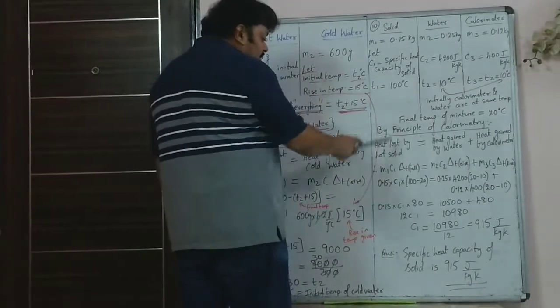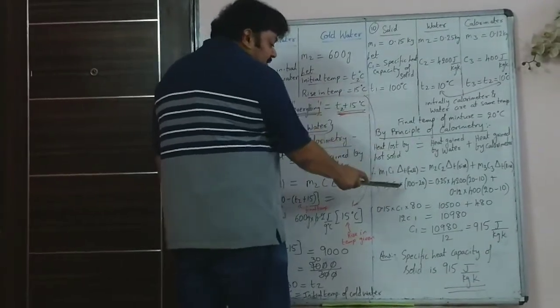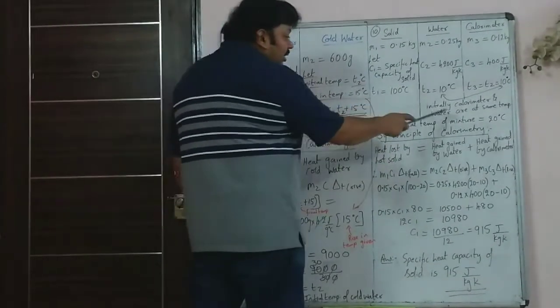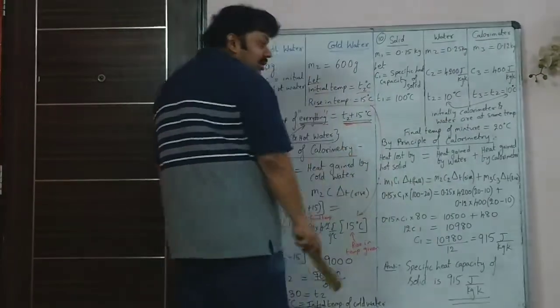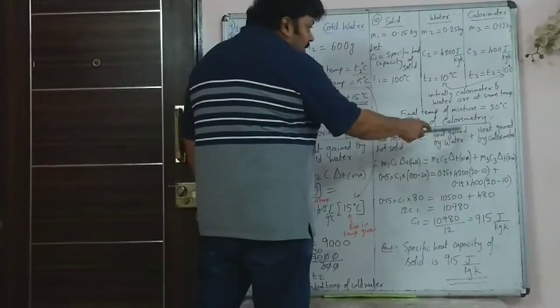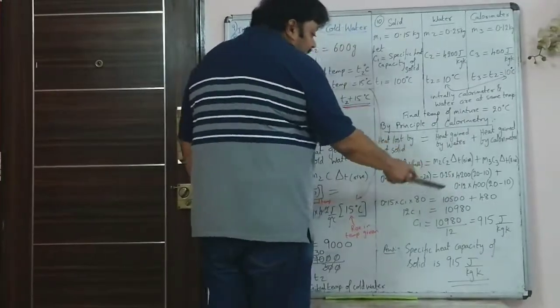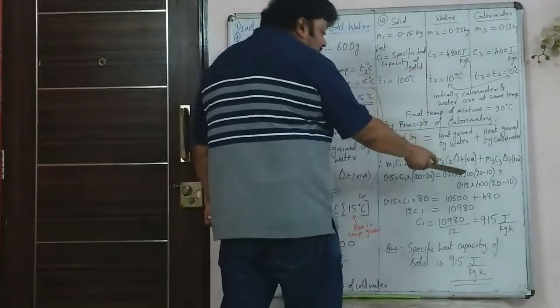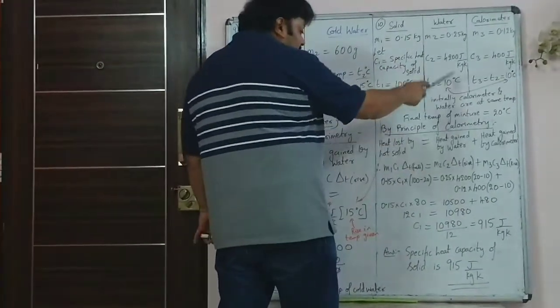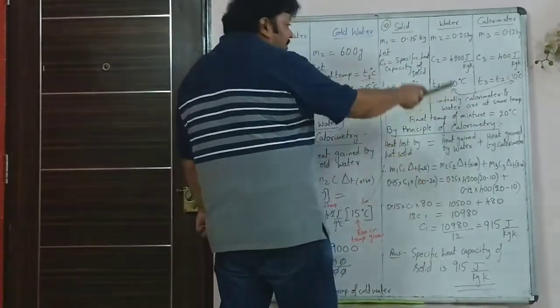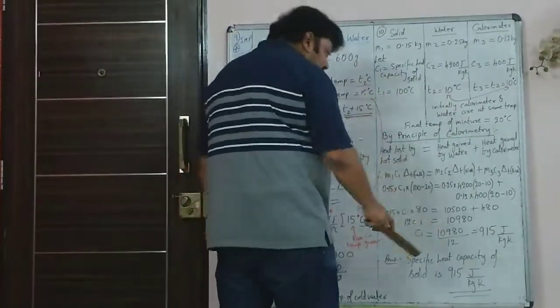So these values: 0.15, this is what is to be found, 100 minus 20, that is the fall in temperature. For water, mass is 0.25, specific heat capacity is 4200, and rise in temperature is 20 minus 10.